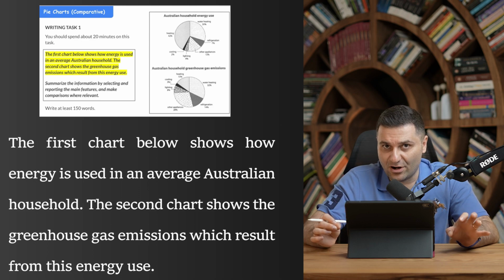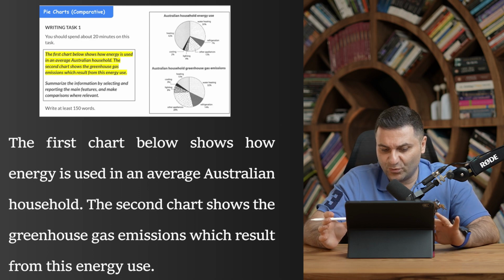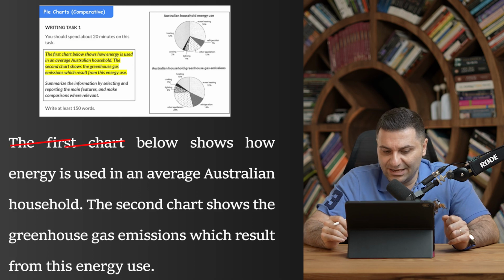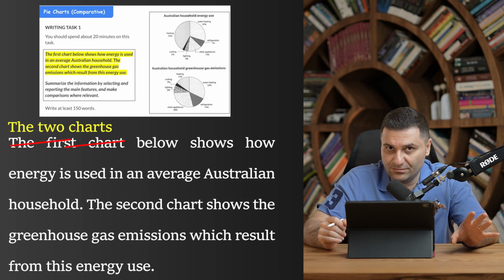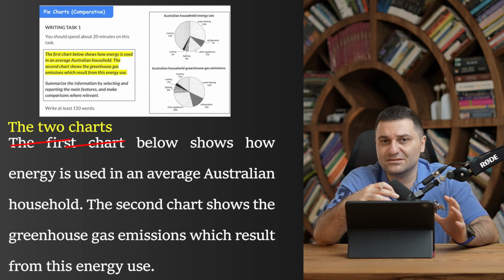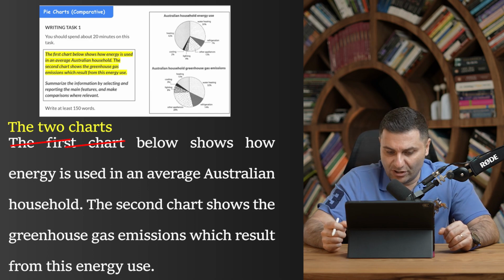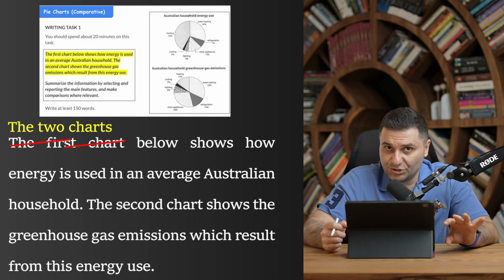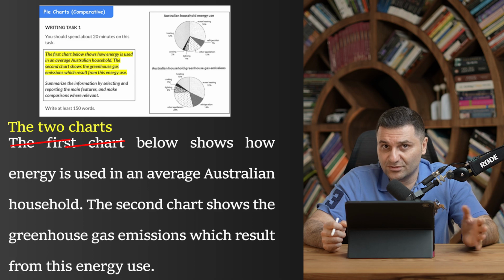The first chart. So instead of the first chart and the second chart, we can write the 2 charts, right? So we omit the second chart. We mix them together and we say, the 2 charts. Below shows, so it is singular. However, because we have said the 2 charts, here our verb should be plural, right?